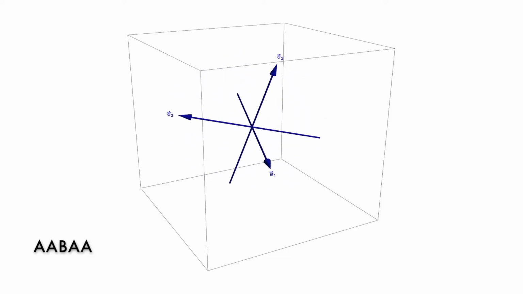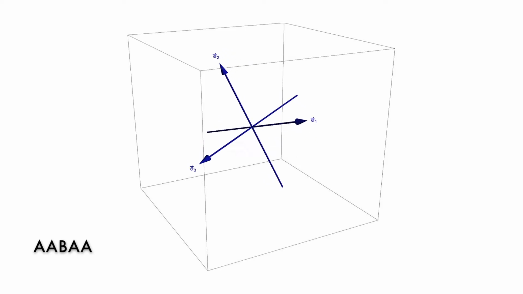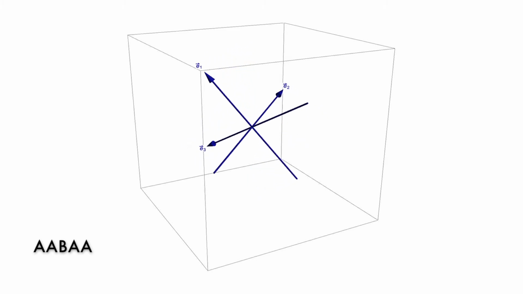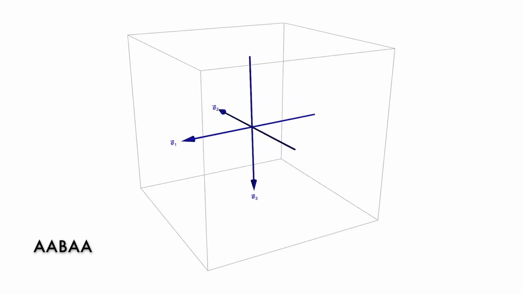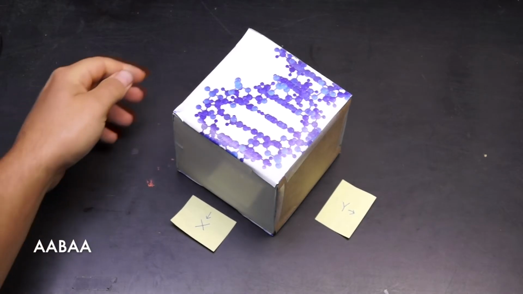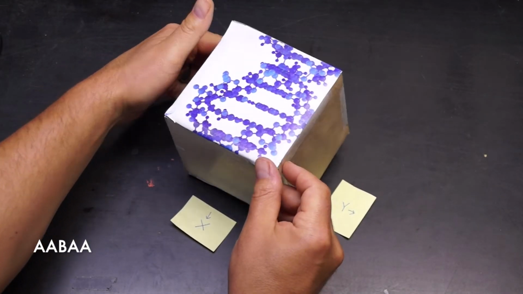The first one is simply to do it and draw the pictures. Here's a computer animation of AABAA. And here's an animation of me doing it with a physical model.